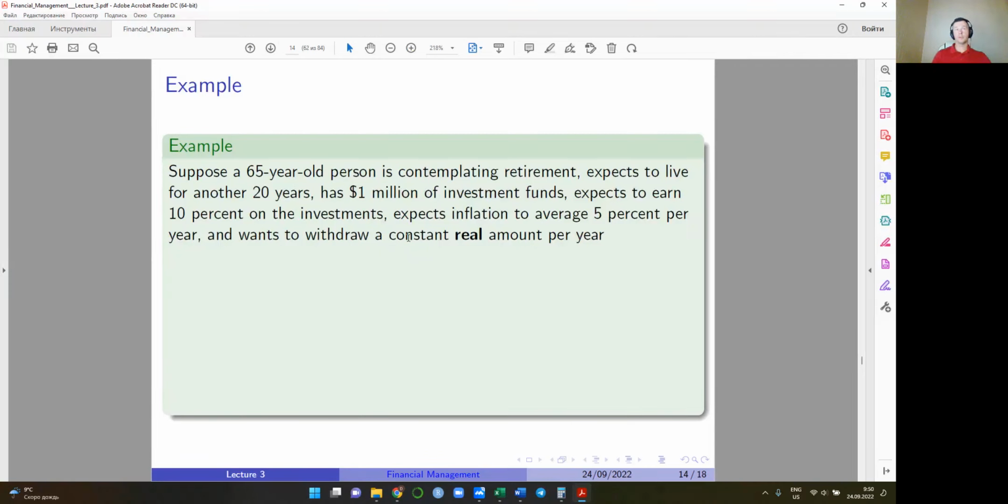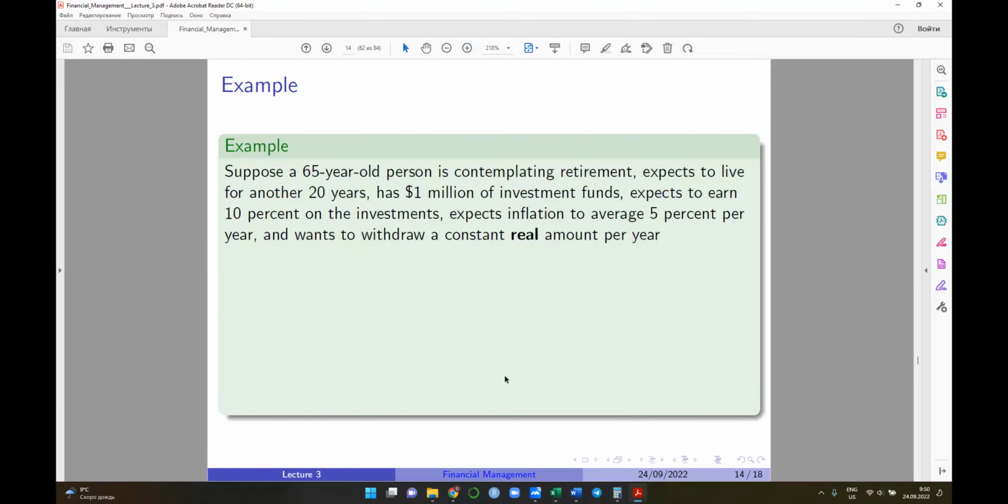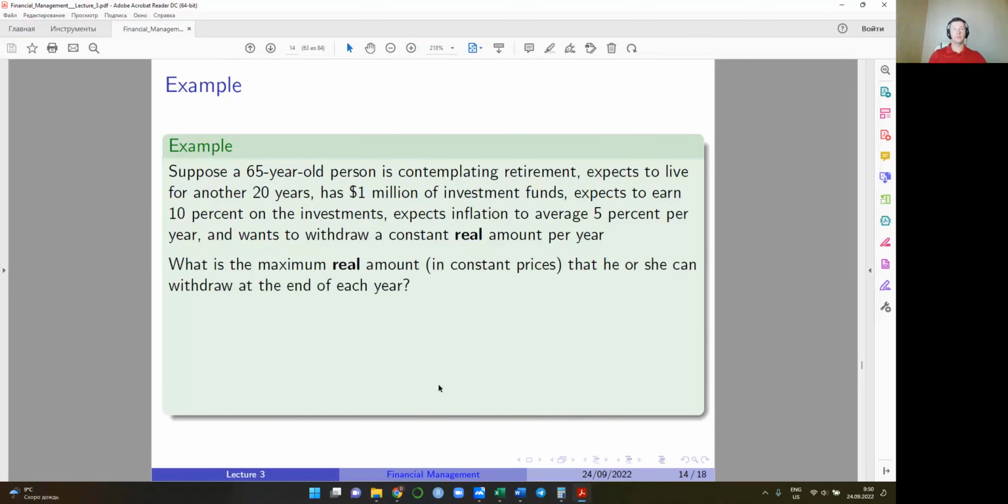And this person wants to withdraw a constant real amount per year. So what does real mean? It means that every year your payments must be indexed by inflation. Every year your payments must be 5% more than in the previous year. Well, the question is, what is the maximum real amount in constant prices that he or she can withdraw at the end of each year?